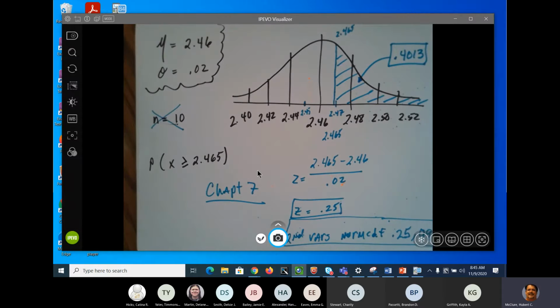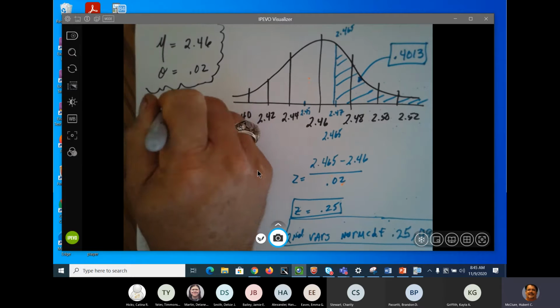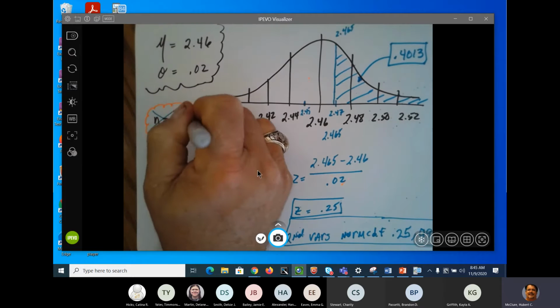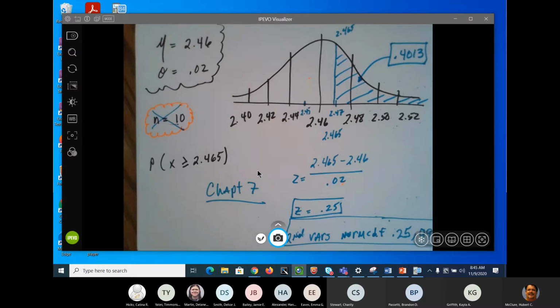But I'm going to bring back this n is equal to 10. And I'm going to recalculate a new z-score.